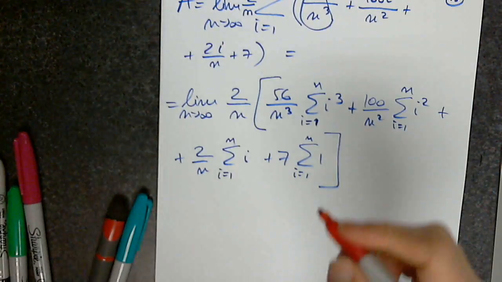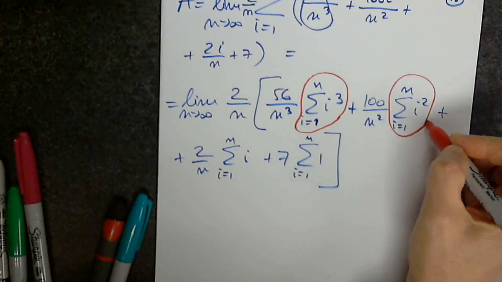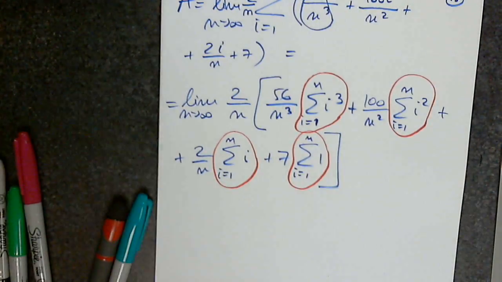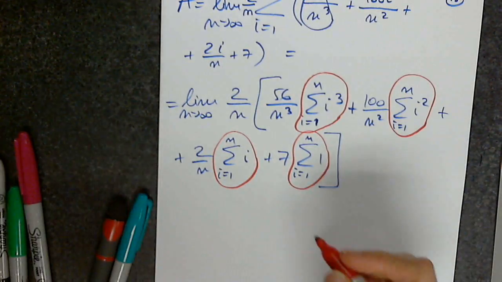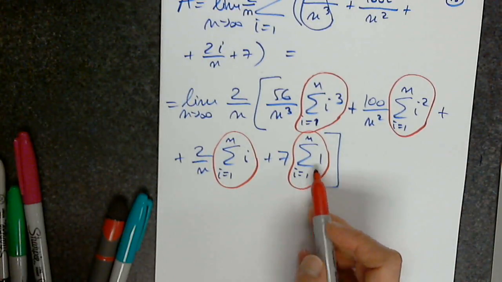Now I have to remember those formulas and get those out of the way. What is the sum of 1 equal to? The easiest one first, from i equals 1 through n.